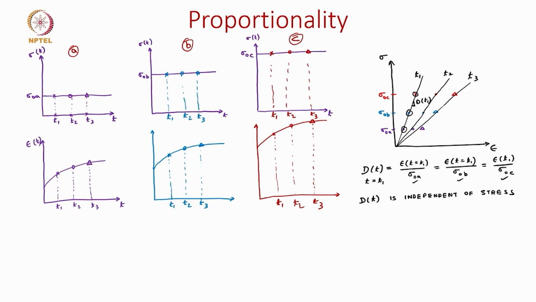Okay. Same thing we could have shown for different times t2 and t3. Again, as with superposition, in this proportionality we have taken an example of creep load, but one could repeat this test with the relaxation test instead of creep, and then check whether the relaxation modulus is independent of strain, again using similar analysis.